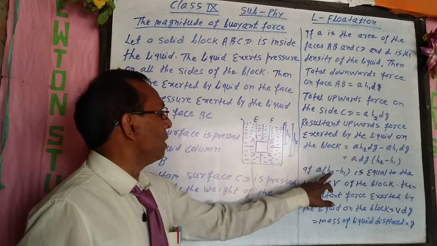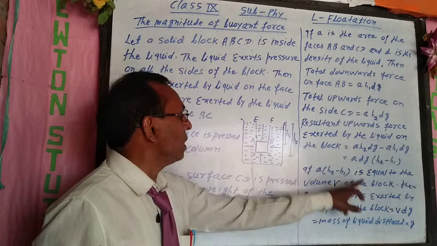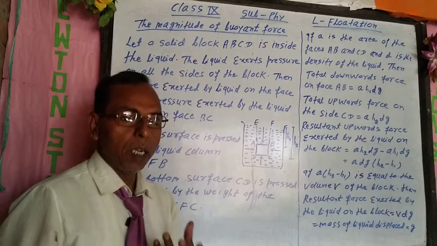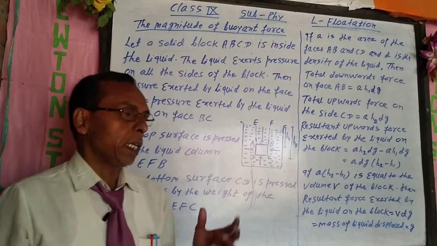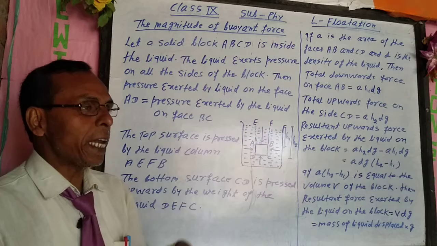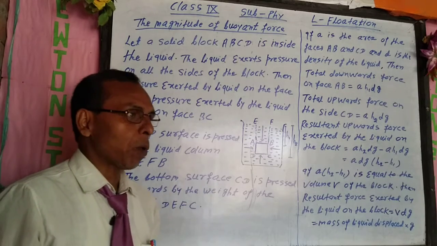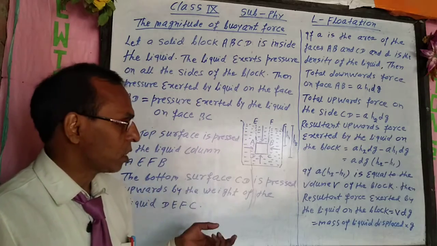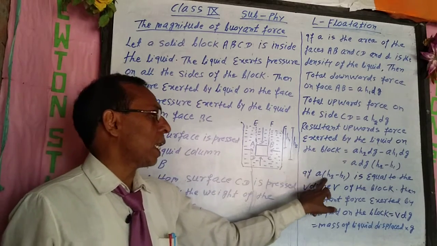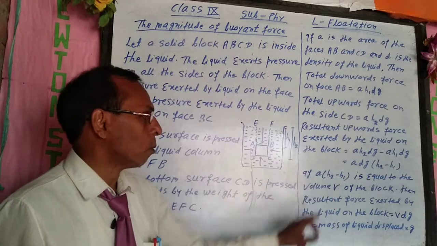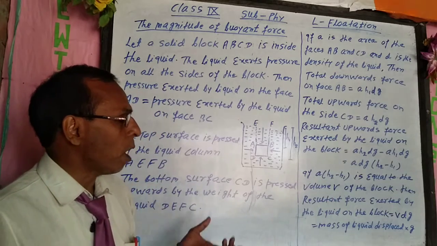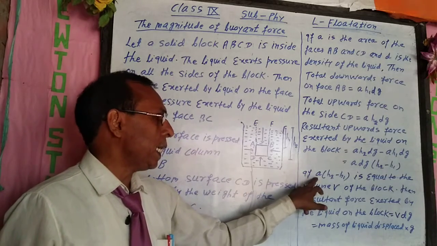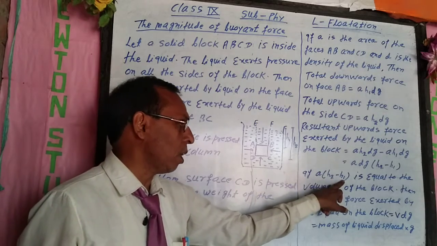We know that the volume of an object is equal to area of base into height. So the volume of displaced water is equal to A into H2 minus H1.